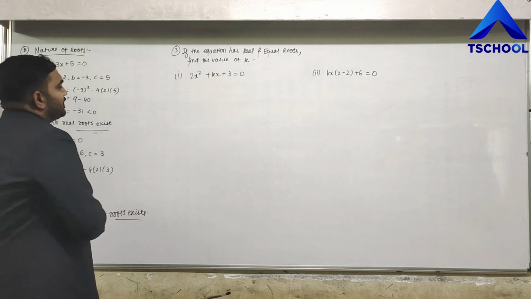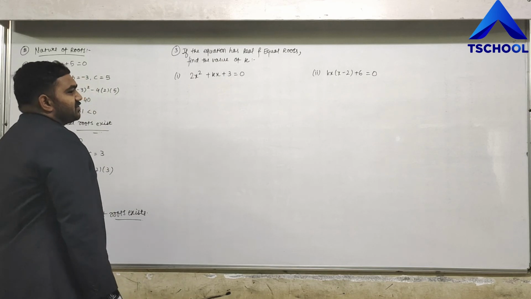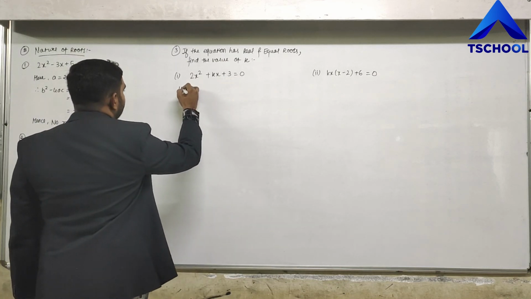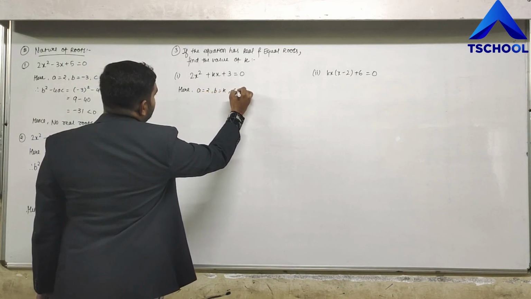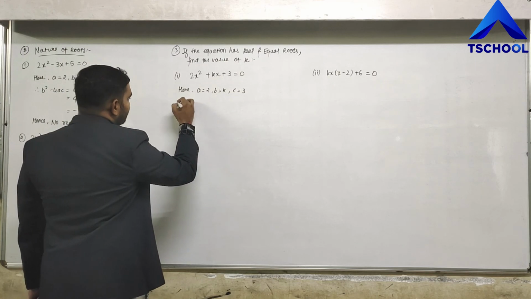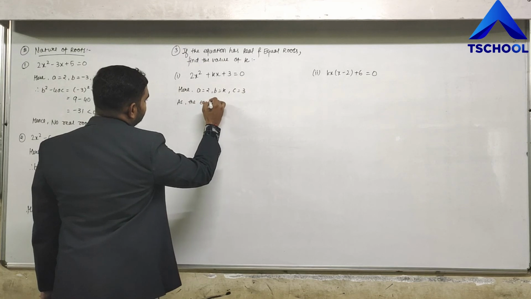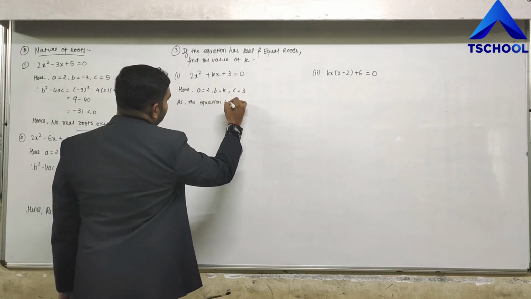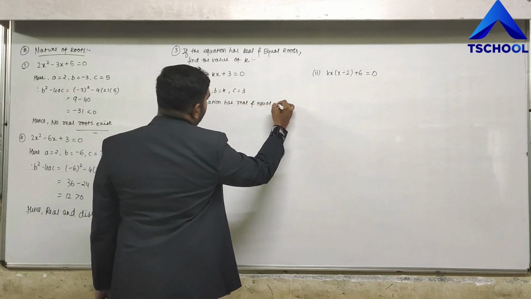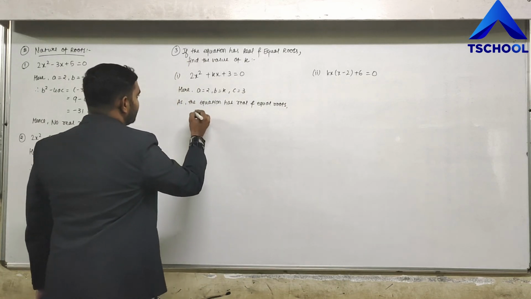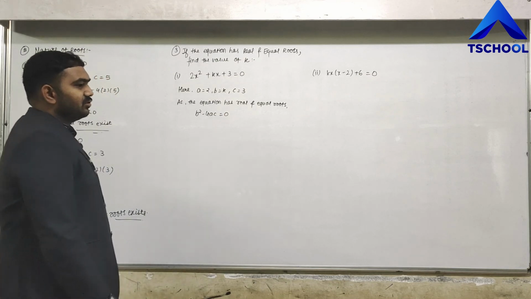Hence the given equations here are 2x² + kx + 3 = 0 and kx(x − 2) + 6 = 0. Here a equal to 2, b equal to k and c is equal to 3. As it is given that the equation has real and equal roots, b² − 4ac is equal to 0, right?